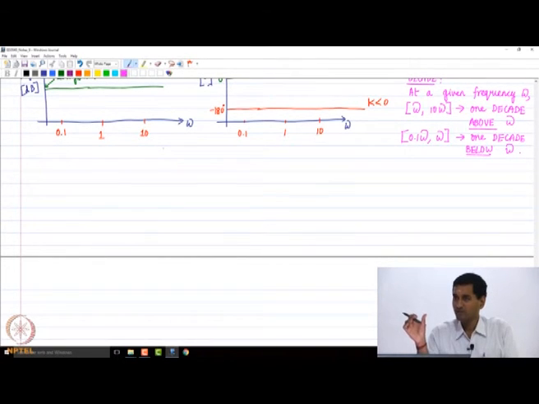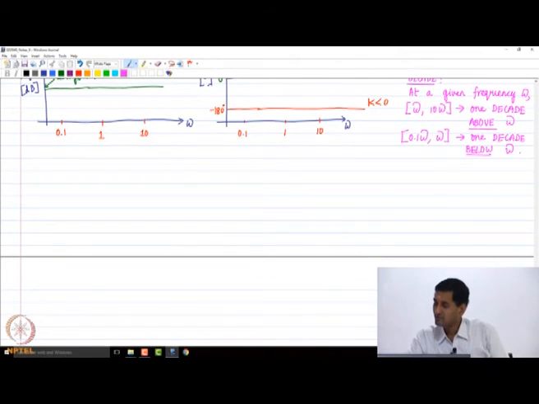So, the region 1 to 10 is a region 1 decade above 1, right. From 0.1 to 1 is 1 decade below 1. So, of course, this is a frequency range. 10 omega is going to be 1 decade above omega.